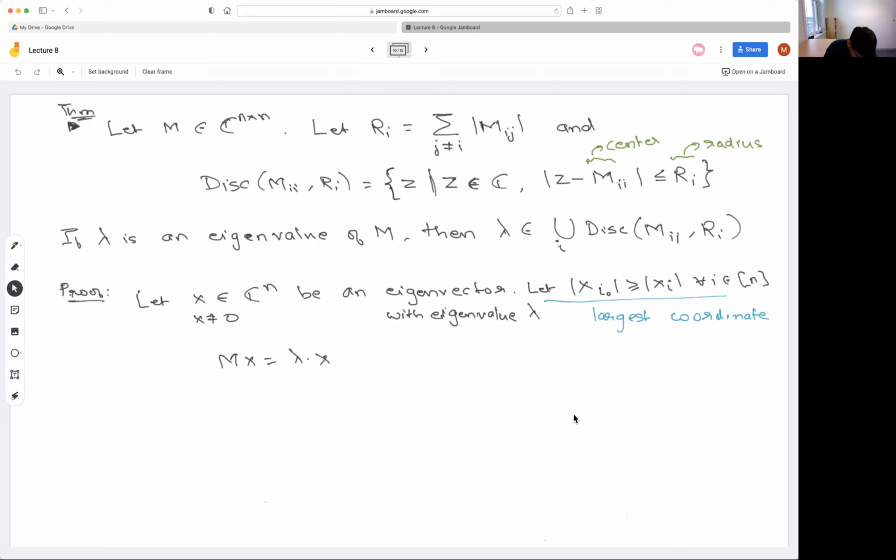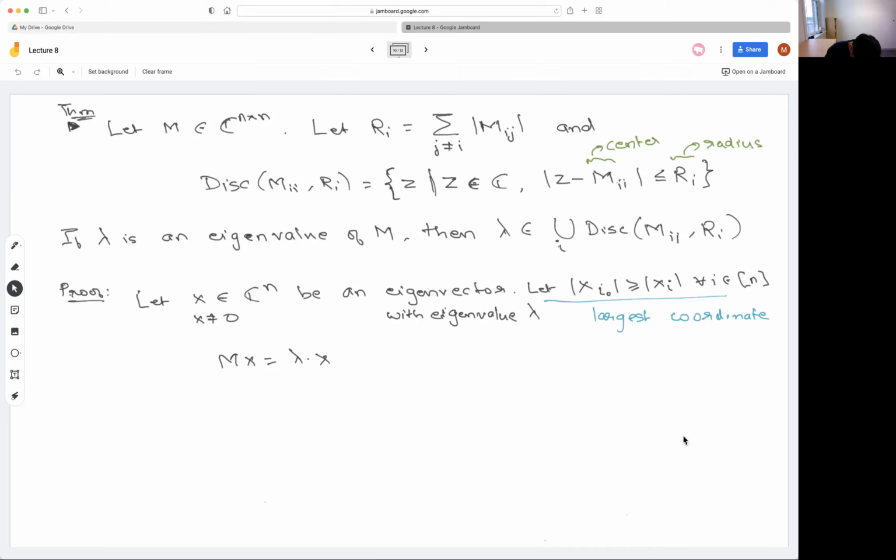And now let's just look at the equation we have. M times x is equal to lambda x. This is a vector equation. It's true, so every row of the vector on the right can be written in terms of the vector on the left.